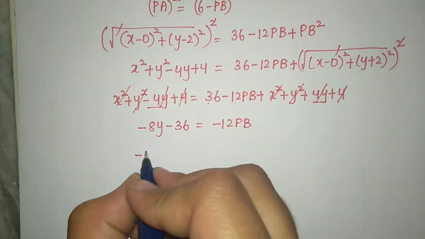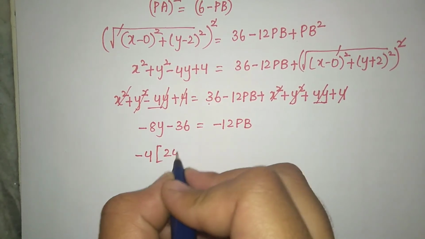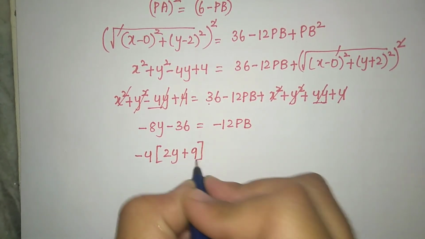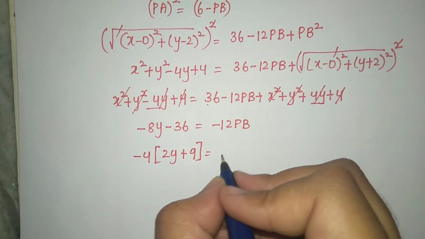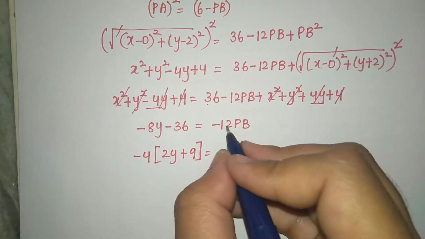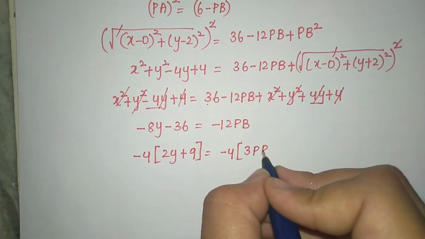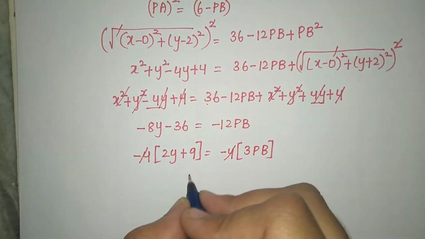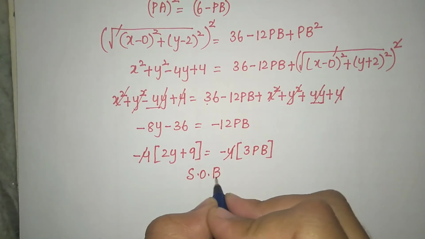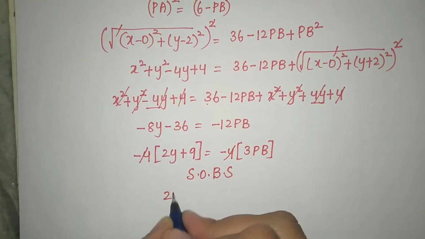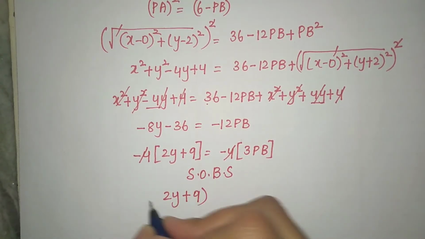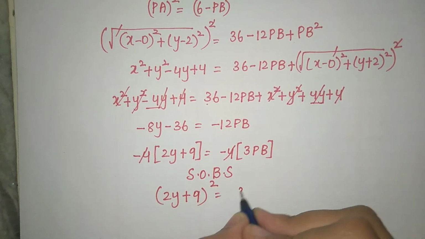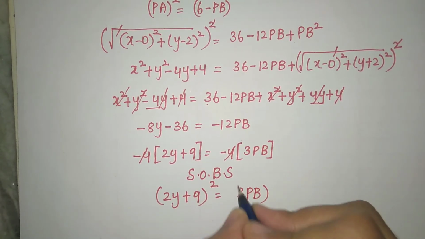Take minus 4 common, 2y plus 9 is equal to 3 PB. Minus 4 will get cancelled. So apply squaring on both sides again. So (2y plus 9) whole square is equal to (3 PB) whole square.